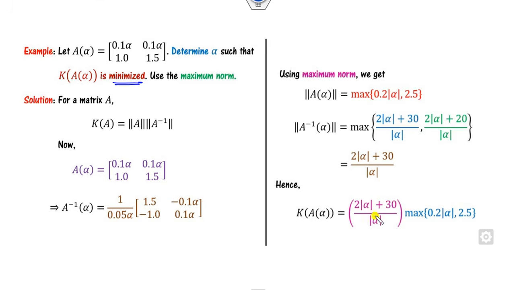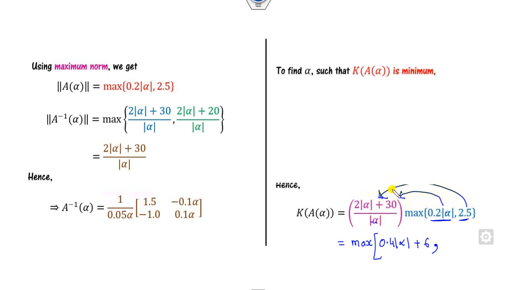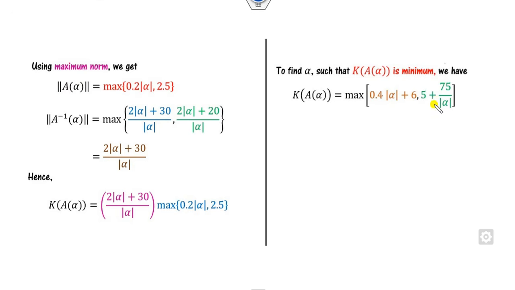How can you prove it? I can simply multiply this quantity inside. So I can write this as the max of 0.2 alpha times this, where alpha will be cancelled, so it is 0.4 of this plus, when you multiply this, 10, 6, comma. Then I can multiply 2.5 with this quantity, and you will get this expression.